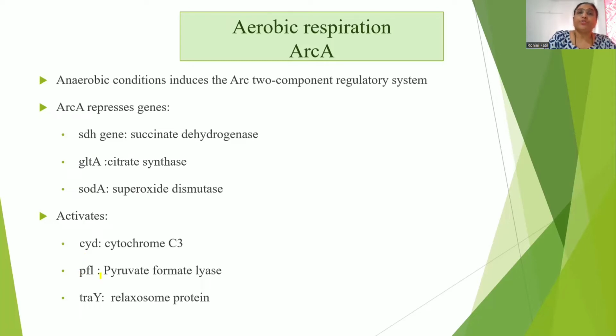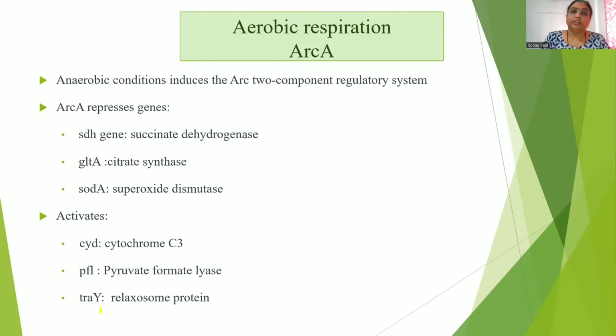It is also going to activate the traY genes. These are some of the examples involved under the regulation of Arc. There are a number of genes controlled by this Arc two-component regulatory system.